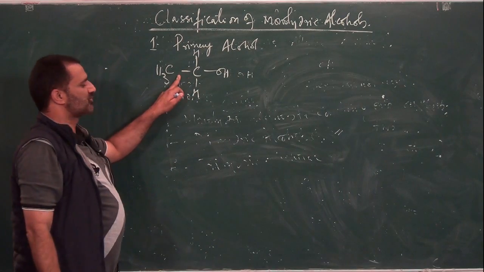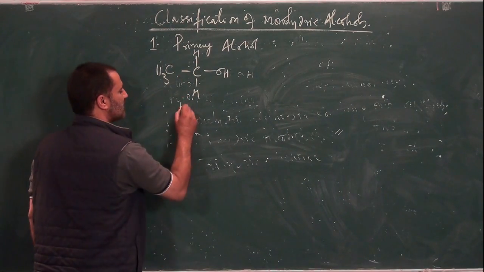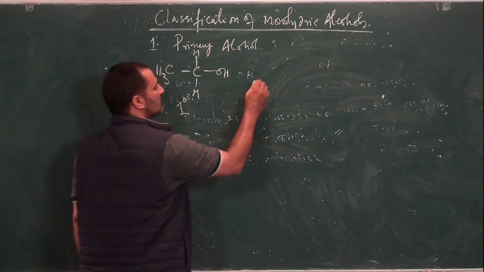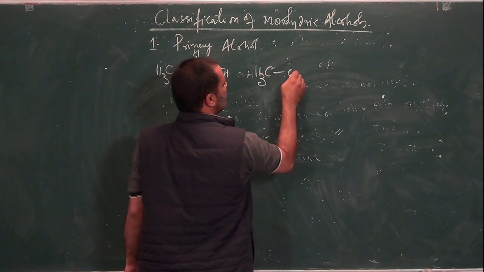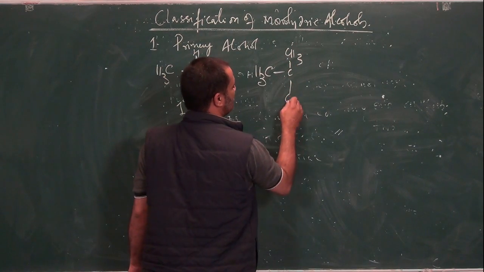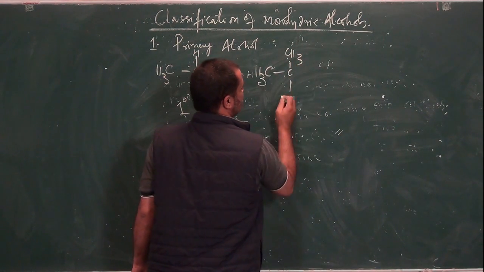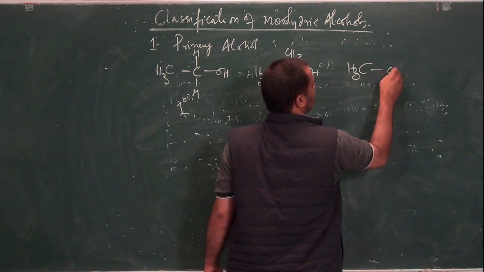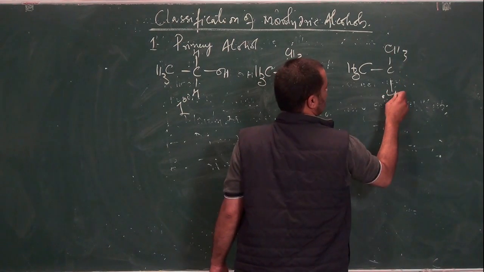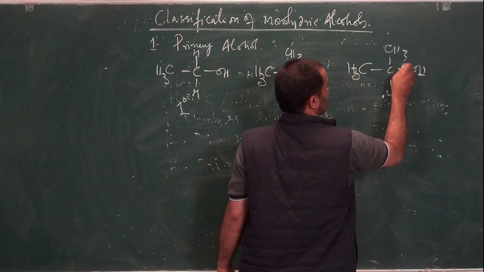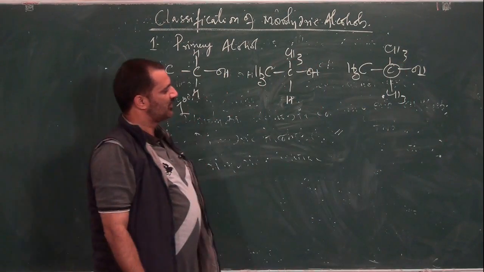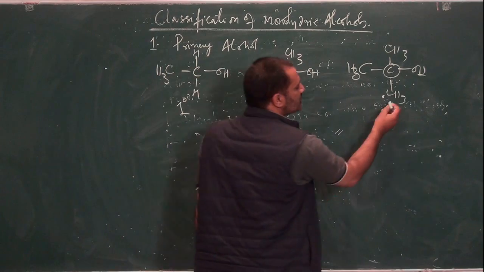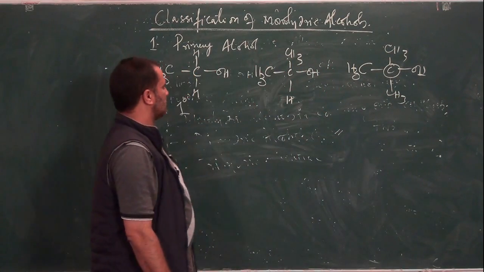This carbon is attached to one carbon, so this is primary alcohol. Secondary alcohol: when this central carbon is attached to two other neighboring carbons, that is secondary alcohol. And tertiary alcohol: this carbon is attached to three other carbon atoms, it's known as tertiary alcohol.